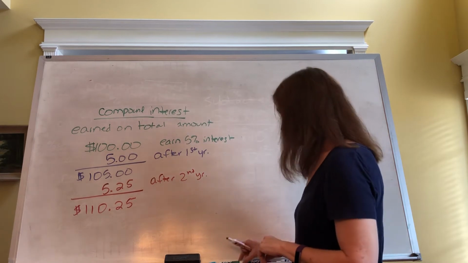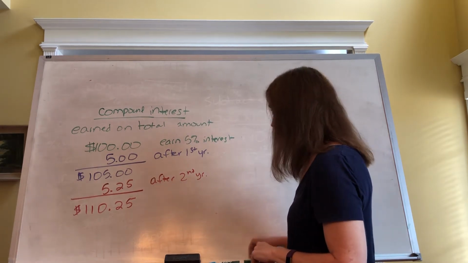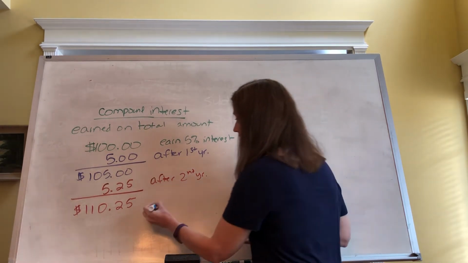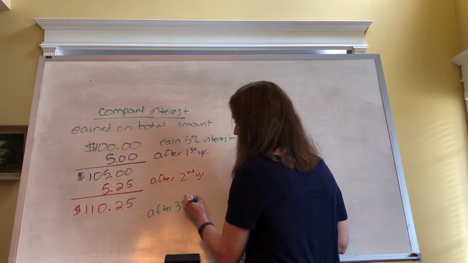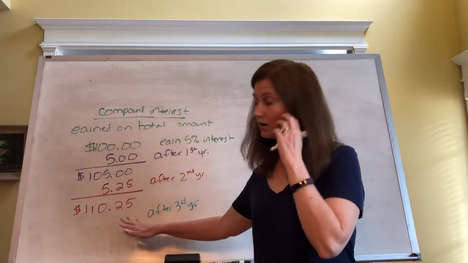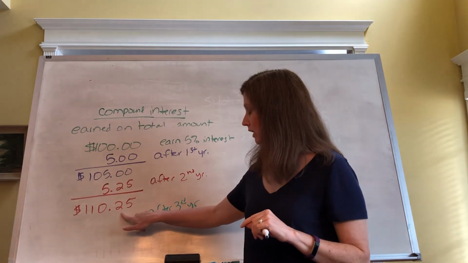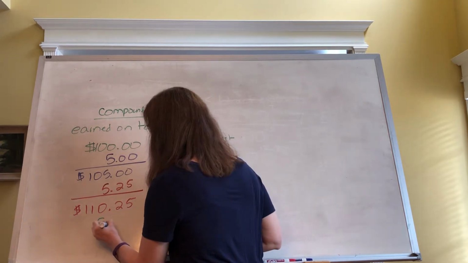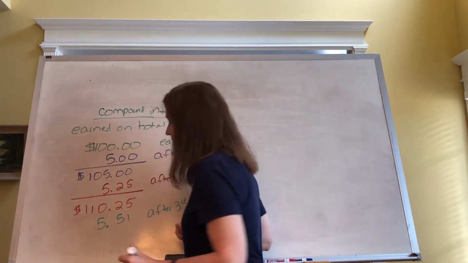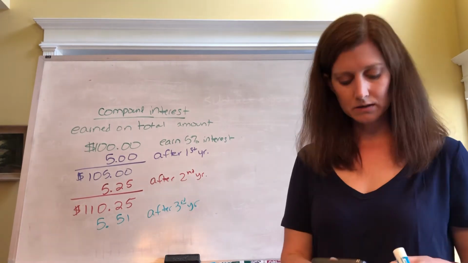And then we could go on again that third year. Now we're going to earn 5% of the 110. I believe that came out to be $5.51. I'm not sure, it might be 56.